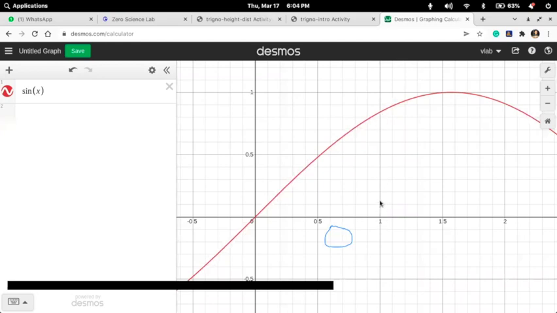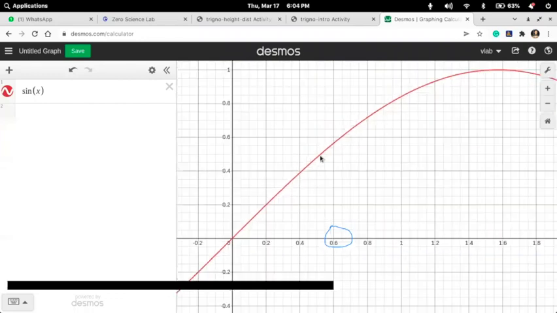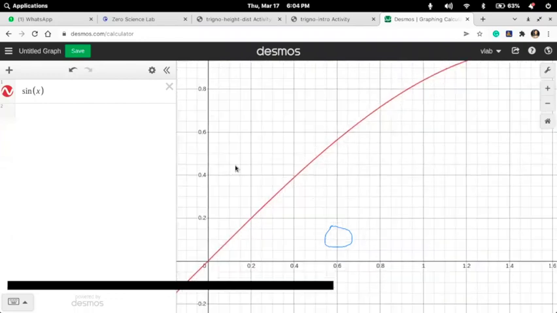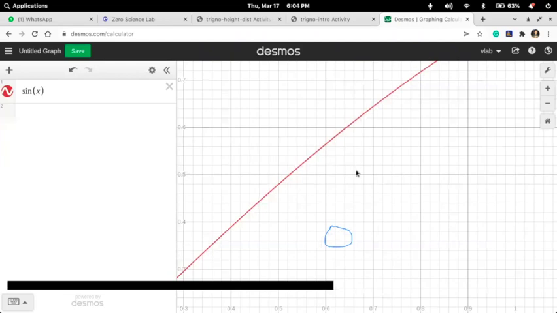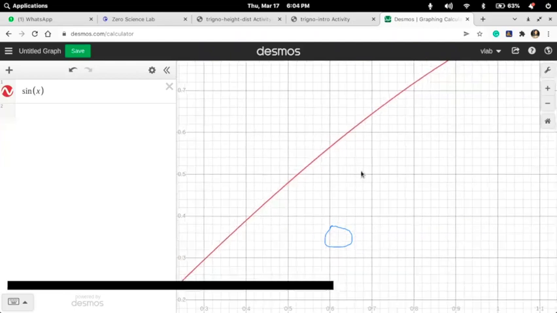Okay, so 0.62, 64, 68, 0.64, 72, 76, 0.8. So it is 0.64. If you want, you can zoom in and then you can see, right?